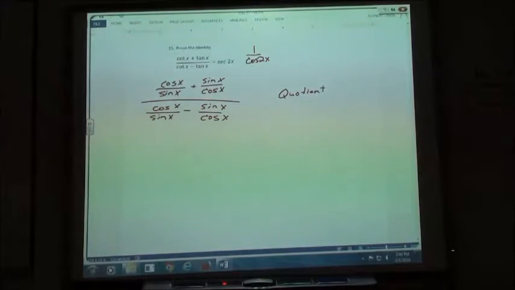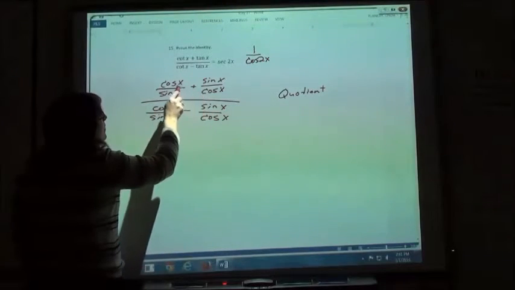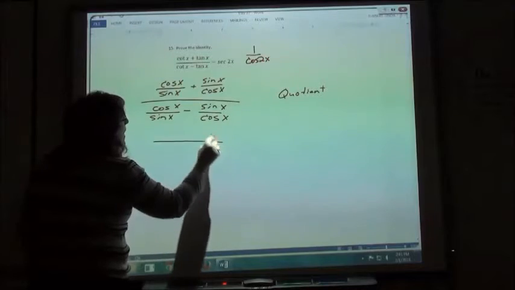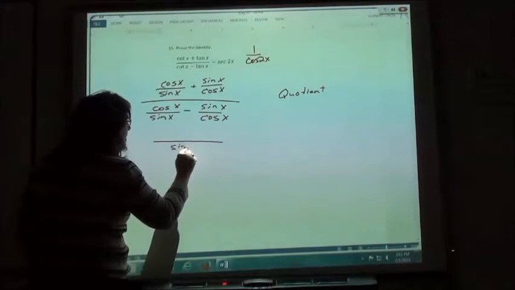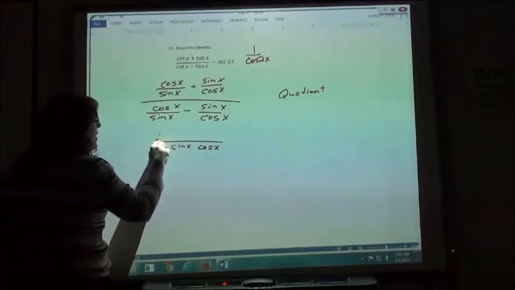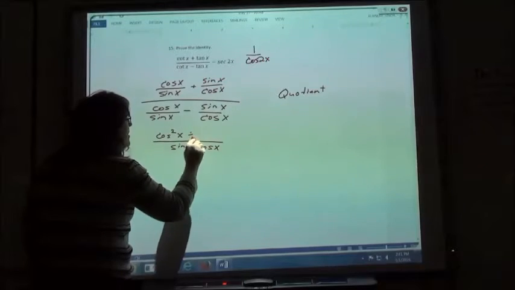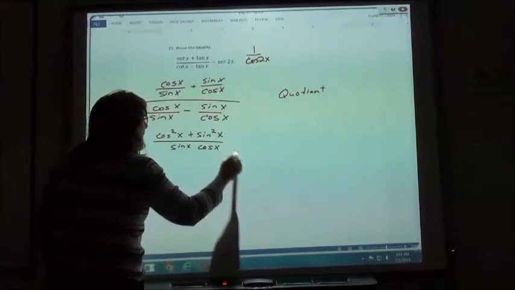I'm going to go ahead and just combine those into one fraction. So using my algebra, here I'm going to take this and make this sine of x, cosine of x. So this one needs to be times the cosine, so that would be cosine squared of x. This would have to be times the sine, so sine squared of x.